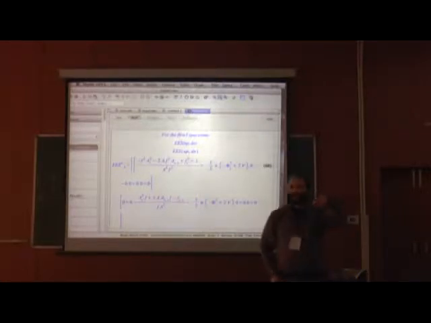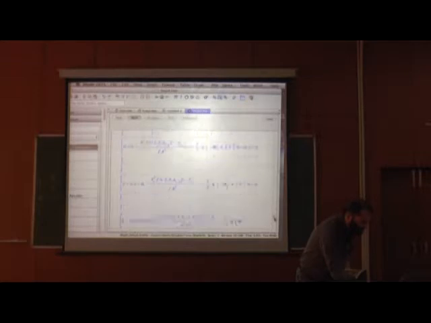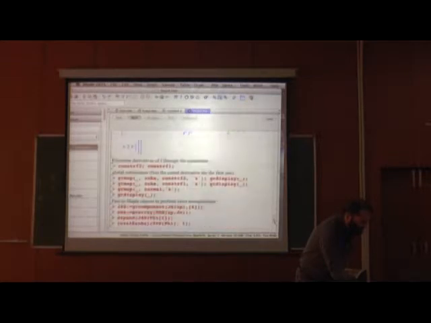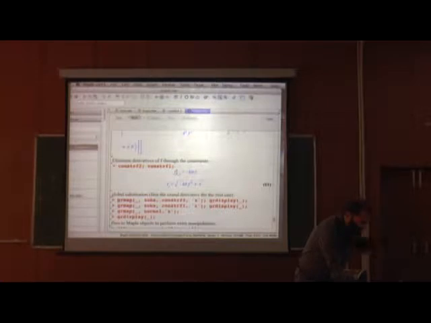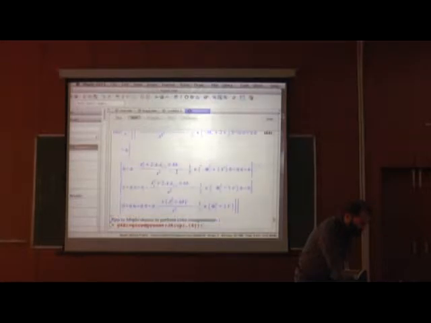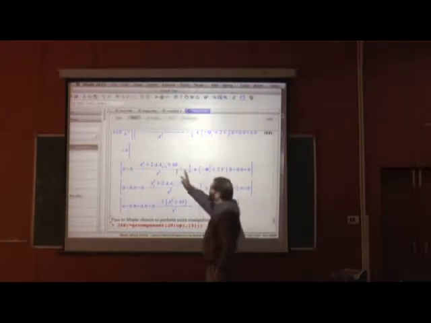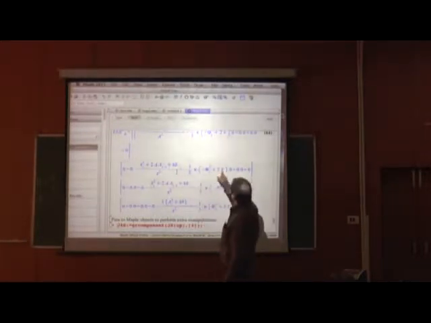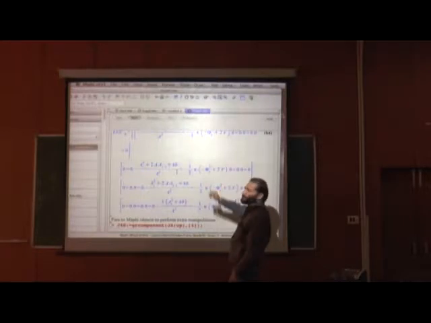Now we eliminate the function small f and its derivatives, the same as we did before, right? We use these constraints and we substitute them one by one, and we normalize, we display the whole thing. So these are the field equations. As you can see, the left-hand side is the same, but the right-hand side is now different.